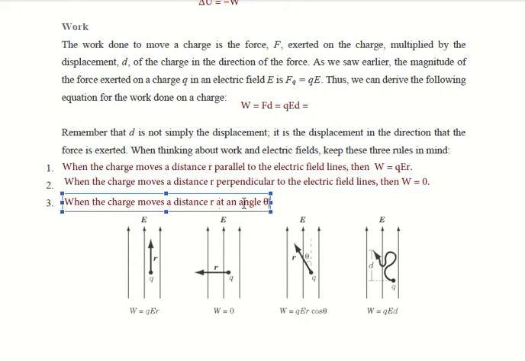So the charge moves a distance r at an angle theta to the electric field lines. Then the work done is equal to, let's see here. Okay, our Q starts out here. It's moved a distance r at some angle away from being parallel to the electric field lines.